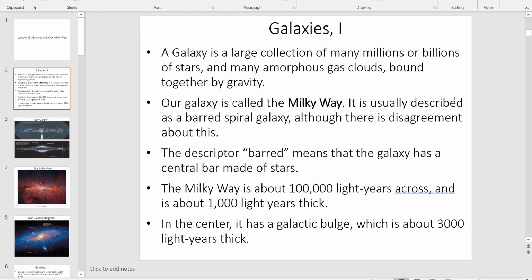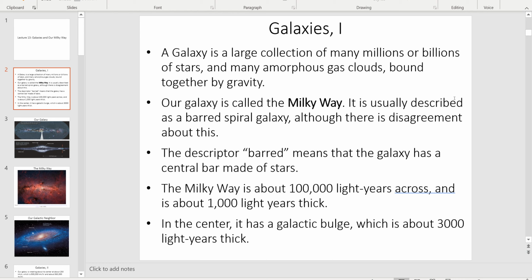and I want to first start off by talking about something that's a little bit tangential to the course, and that is the descriptor barred. Sometimes you will see galaxies described as being barred or non-barred. The Milky Way galaxy is what's called a spiral galaxy, which means that it looks like a disk, a rotating disk, a little bit like the solar system, just in terms of the geometry. But the spiral part means that it has spiral arms.